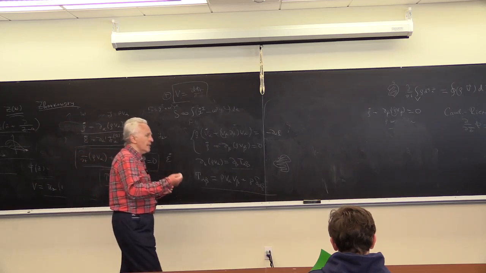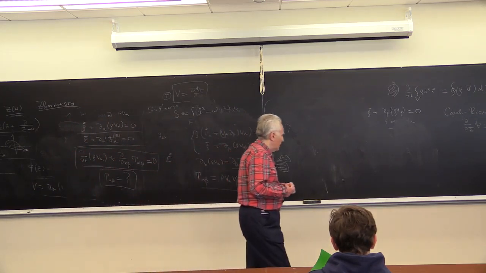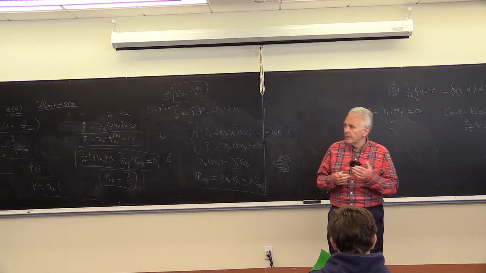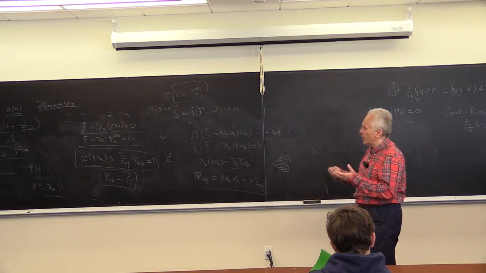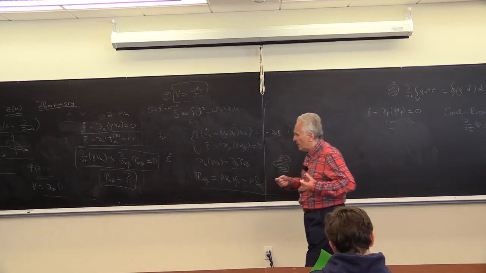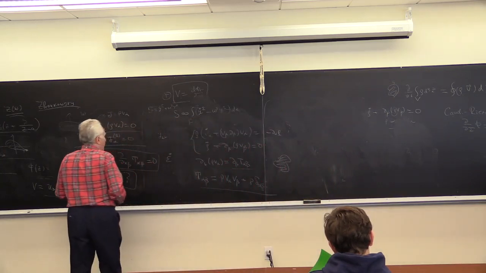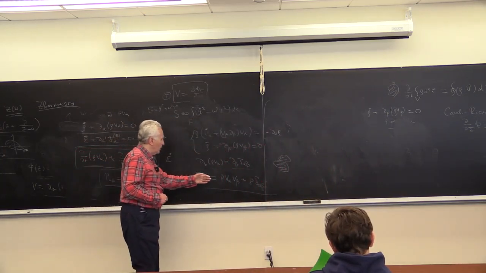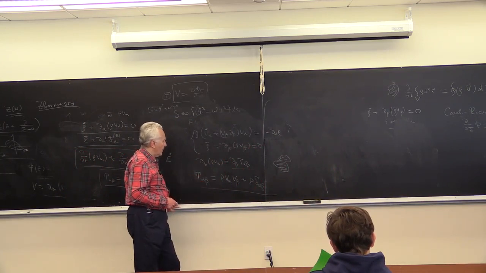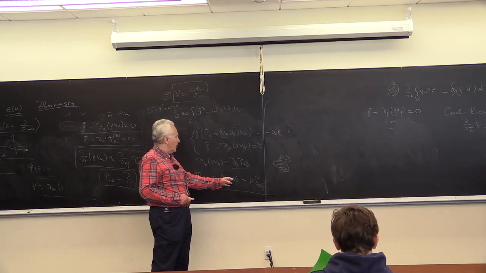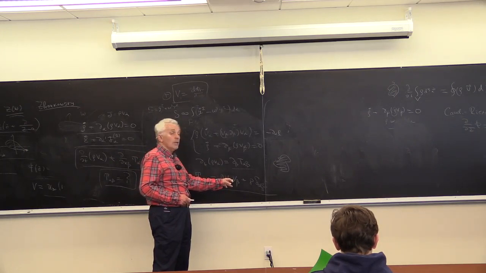So the characteristic size at which velocities change, the gradients of the velocities, is assumed to be small. And that's why we actually have no gradients here.